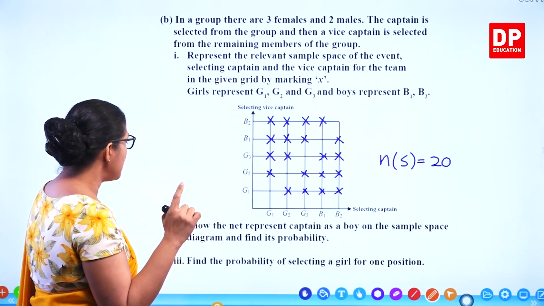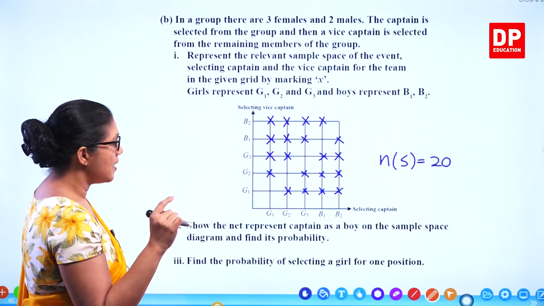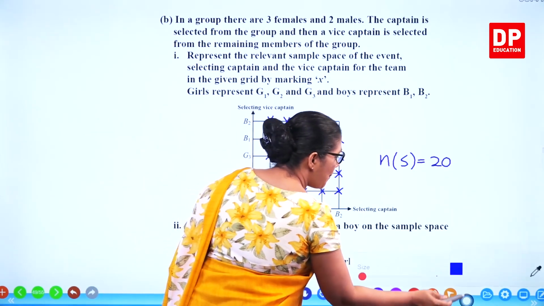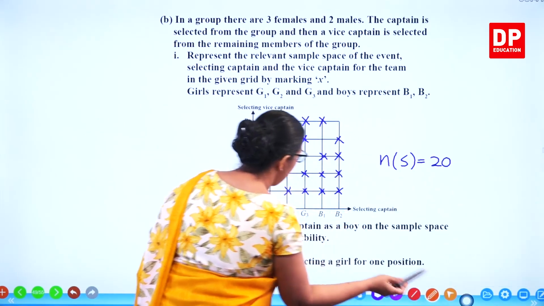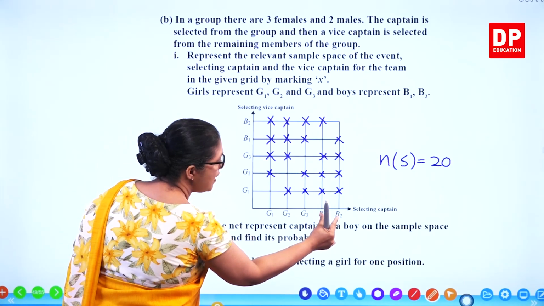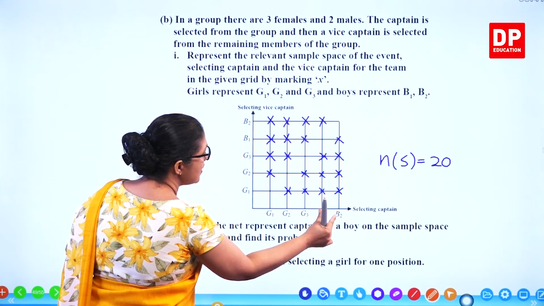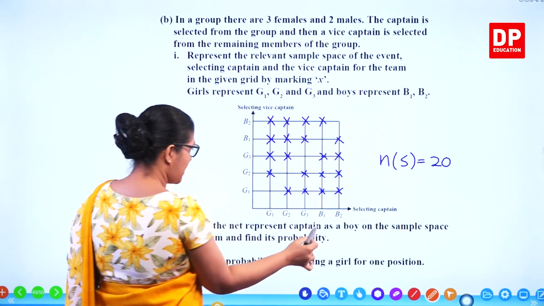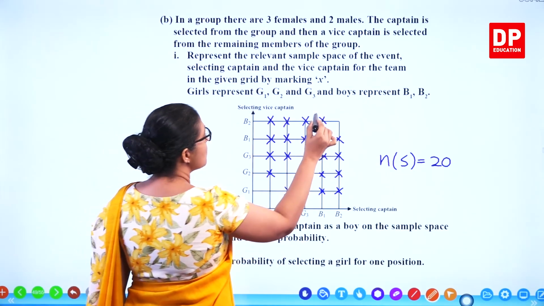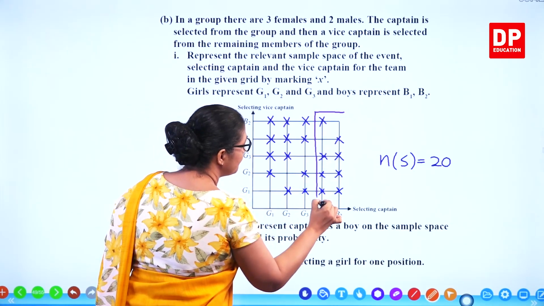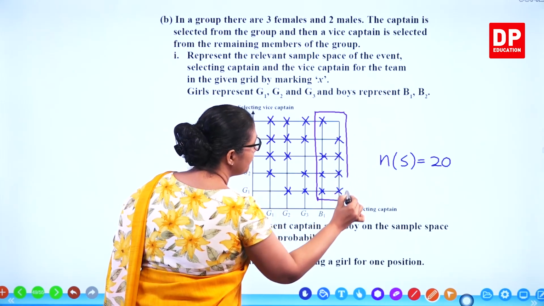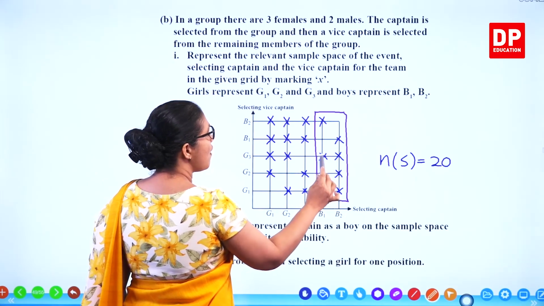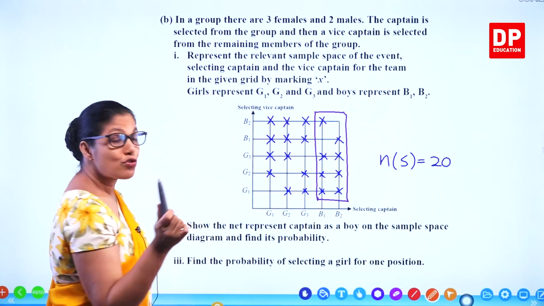Then we'll find out this one. Show the event represent captain as a boy on the sample space diagram. Captain only a boy. So we have to look at this side. So B1, B2. So captain is a boy. So you can select all these. So what's the probability? 1, 2, 3, 4, 5, 6, 7, 8. 8 possibilities out of 20.